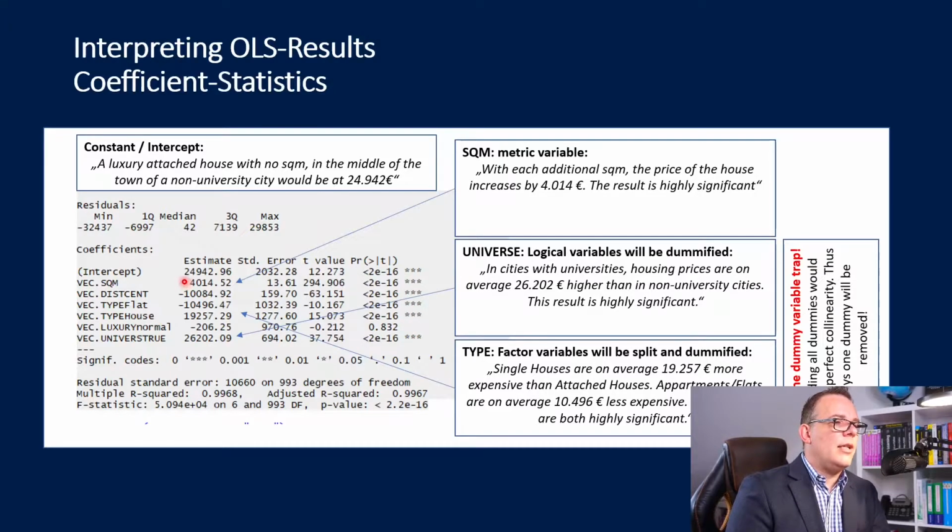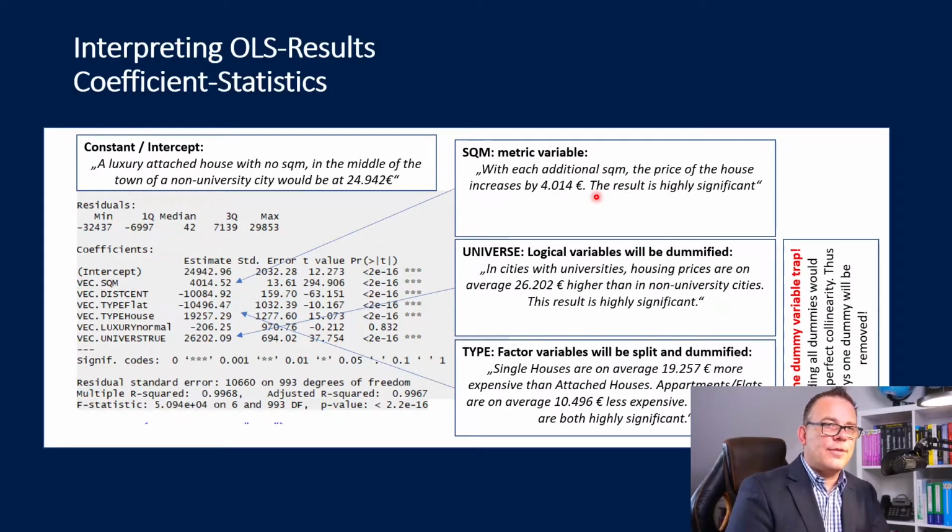So how do we interpret the estimate or the coefficient for the square meter variable? With each additional square meter, the price of the house increases by 4,014 euro. And since the p-value here is very, very low, it is below all statistical levels or all thresholds, the result is highly significant.